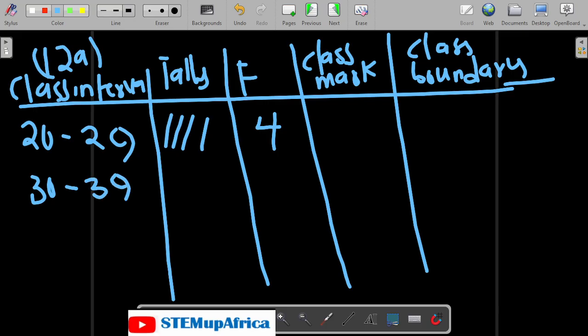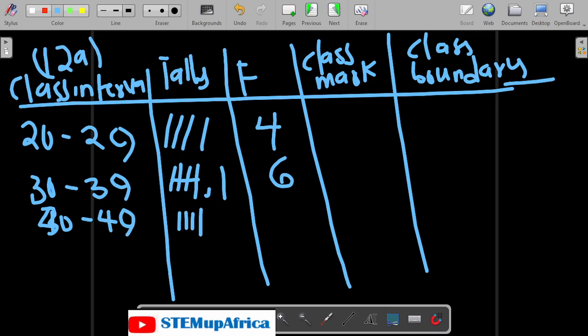If you count 30 to 39, you're going to have 6 numbers. Then 40 to 49: if you count that, you have 8 numbers. Then 50 to 59: if you count that, you have 11 numbers.